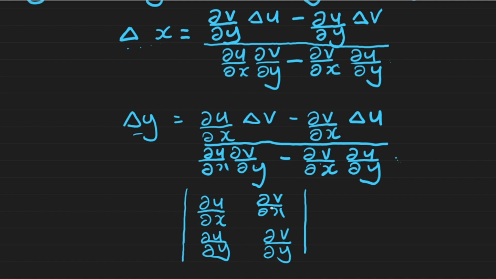We can see that this is the determinant: du/dx times dv/dy is the first term, minus dv/dx times du/dy, which is the second term. That determinant is given the name the Jacobian, or the letter J. J for Jacobian.